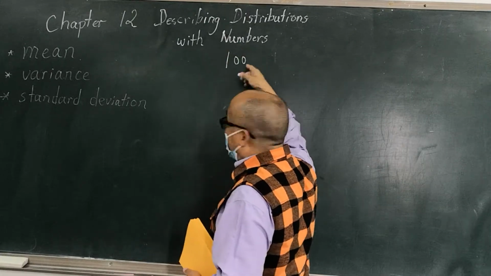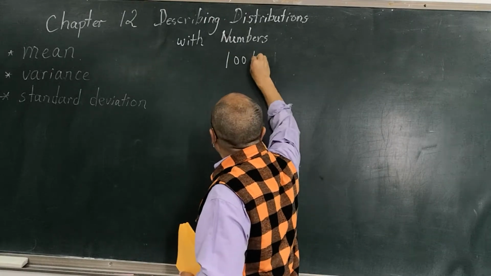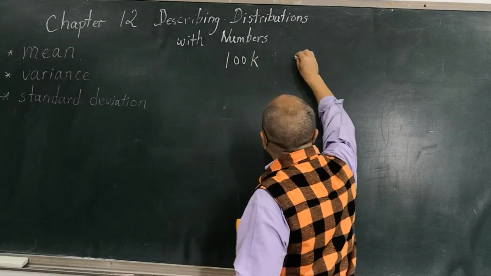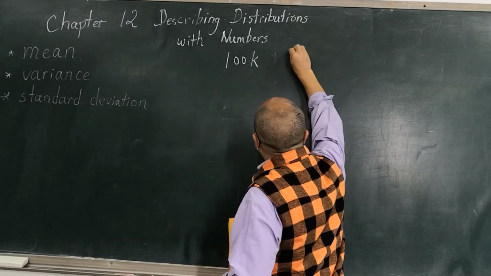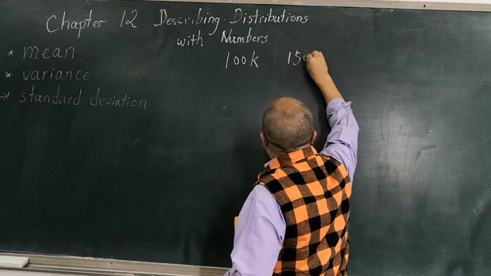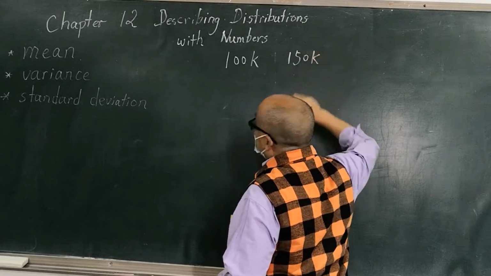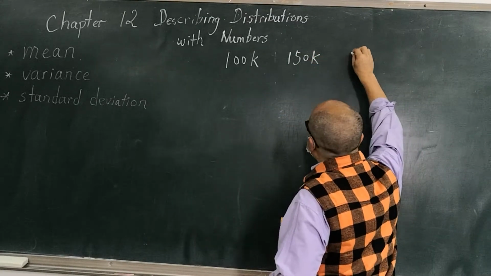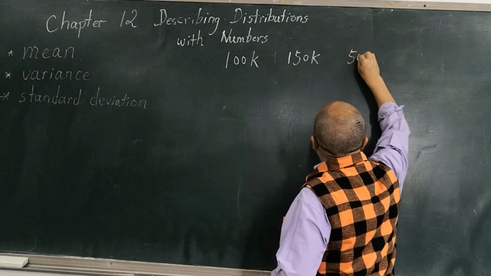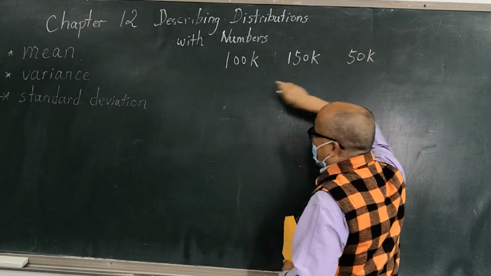This one is 100K. Another one is 150K. Another one is 50K.